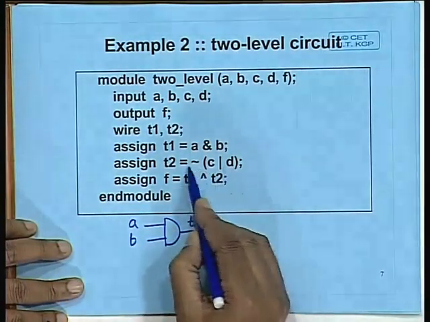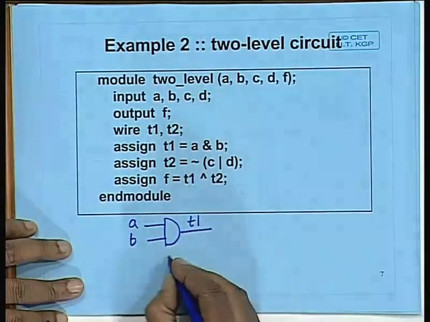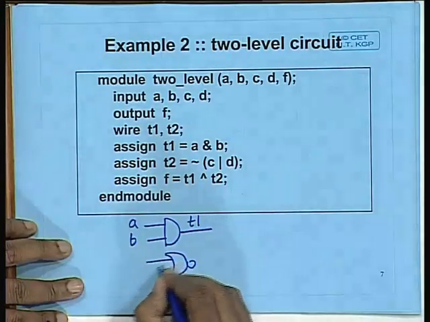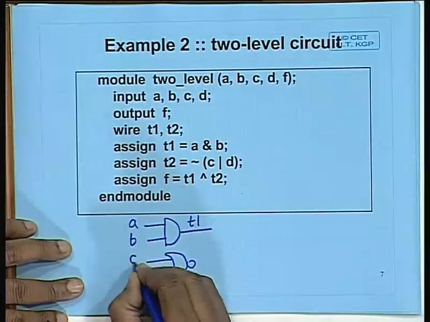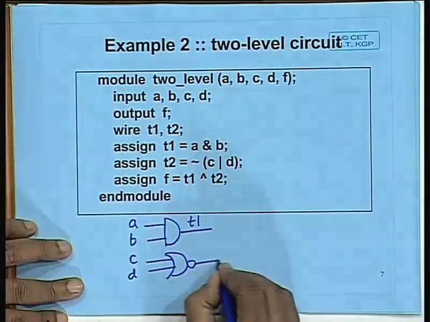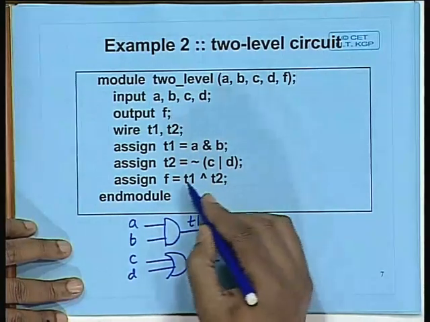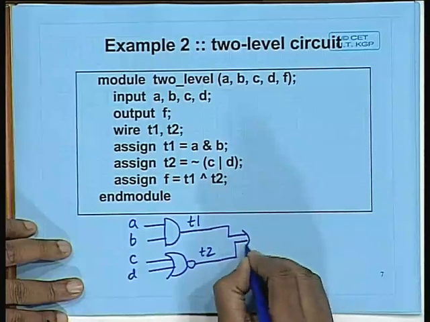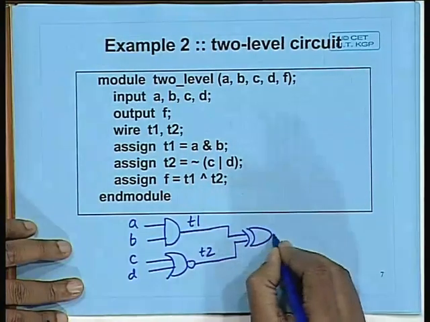This is a NOR gate, OR and NOT, with C and D, and the output is T2. Then we have an exclusive OR of T1 and T2. This is your F.